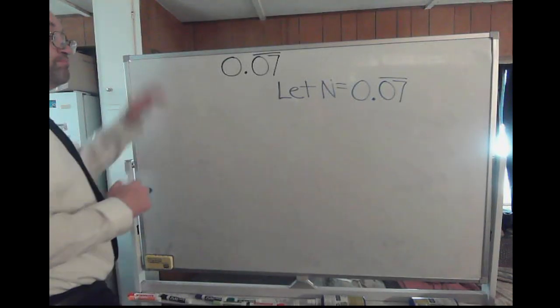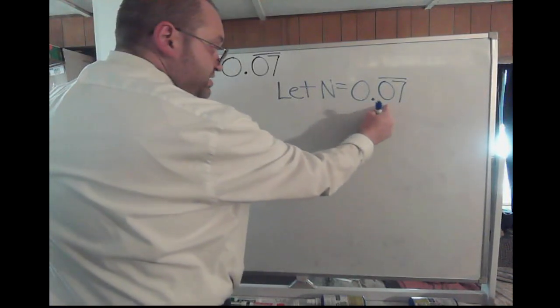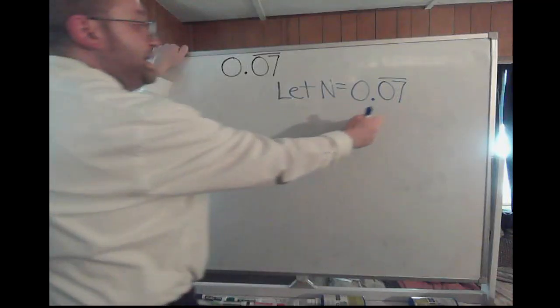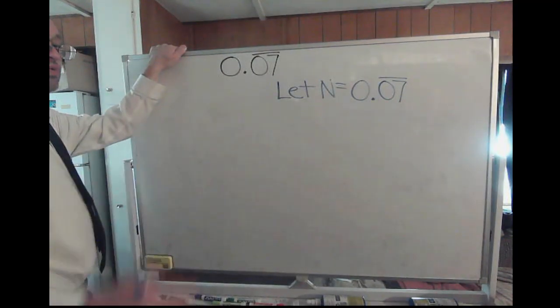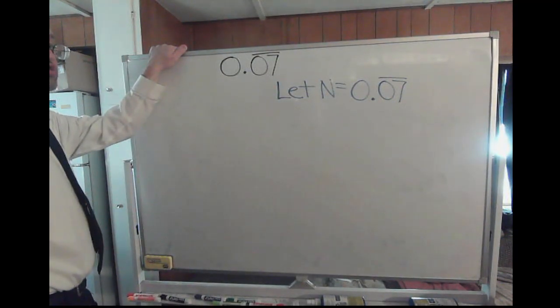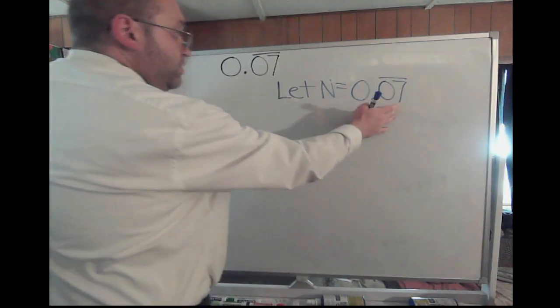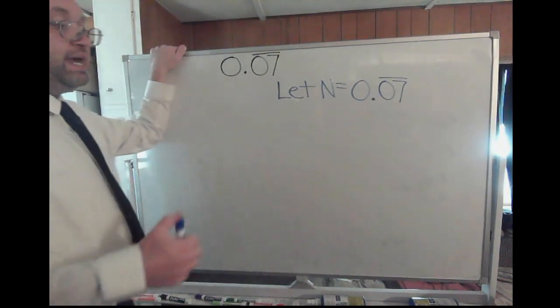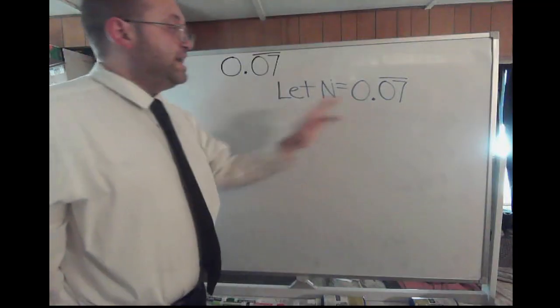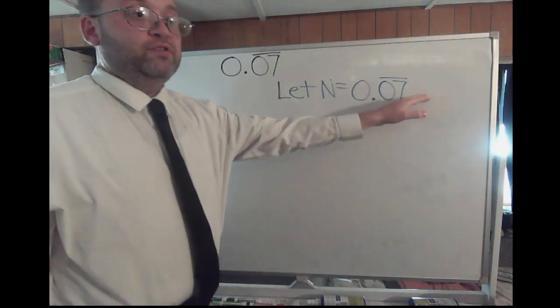Well, now, since the repeating digits are immediately to the right of the decimal, we can go ahead and proceed to trying to find a whole number that will take care of ultimately getting rid of the repeating decimal.